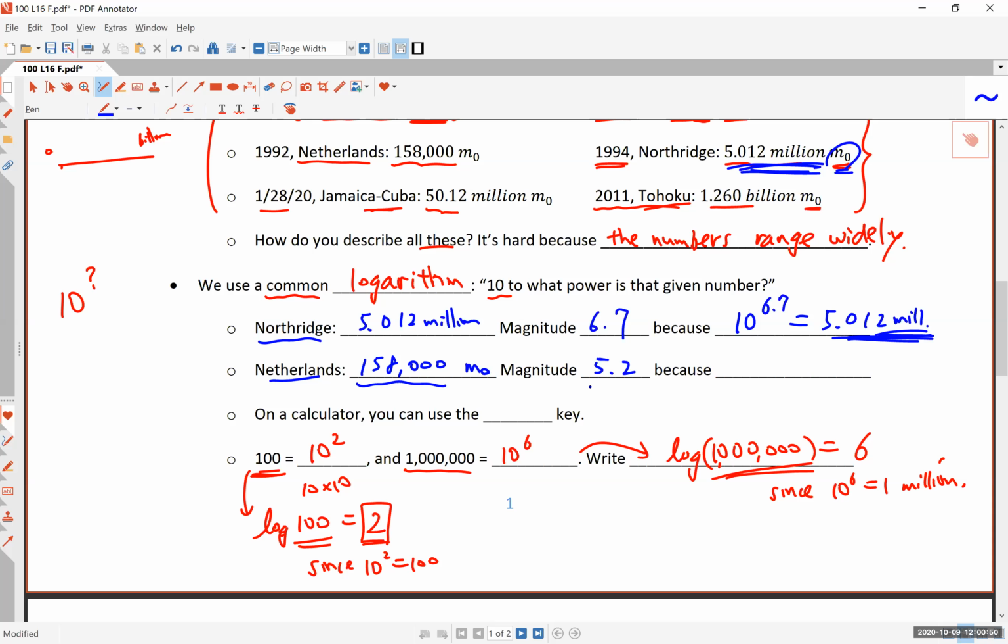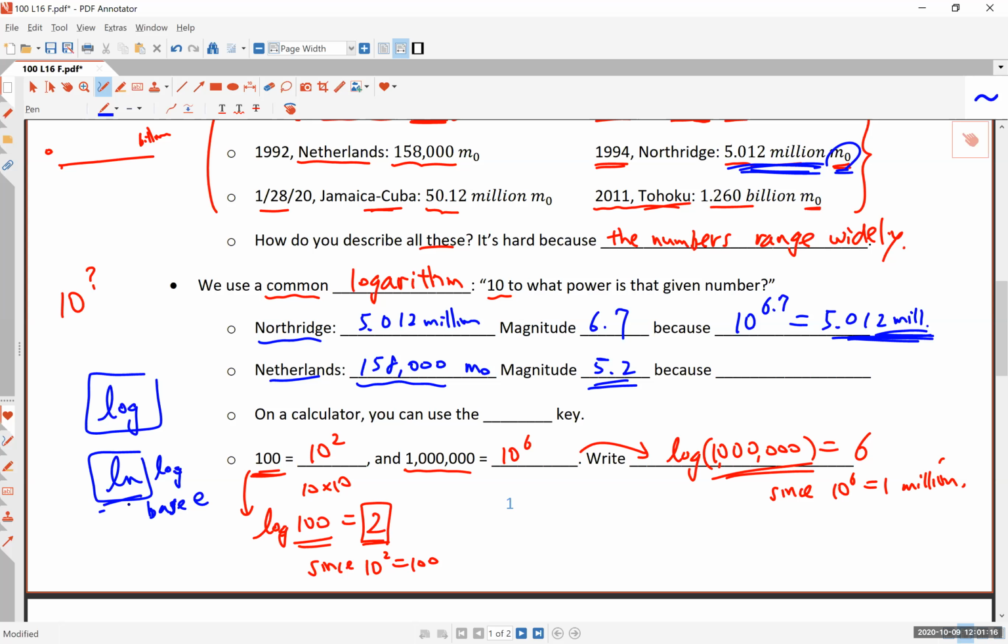By the way, you wouldn't know this number unless you use a calculator. On the calculator, you use this LOG key. I think every scientific calculator has a LOG key. You also have another key here, called the natural log. This is log with the base e. Remember that number e, the mysterious number, which I say holds the universe together.